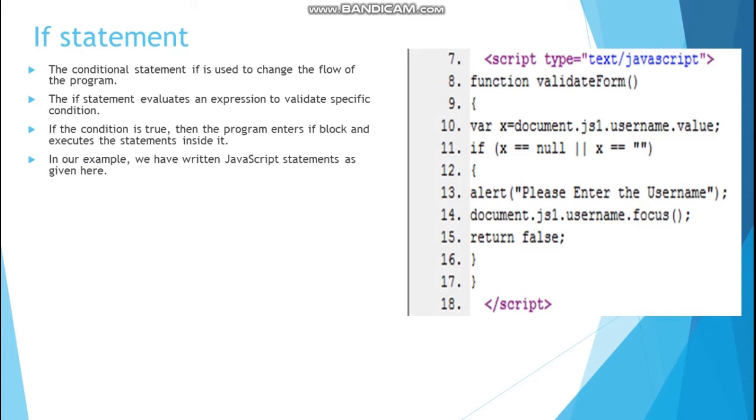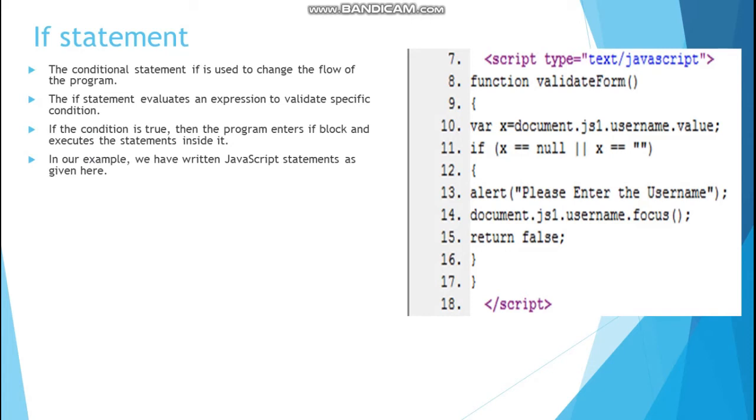Now the if statement is given. So if x == null, remember null means nothing here. It means if there is nothing stored in the x variable, you have left the username text box blank. Then a double pipe sign is given. This double pipe sign is known as the OR operator.